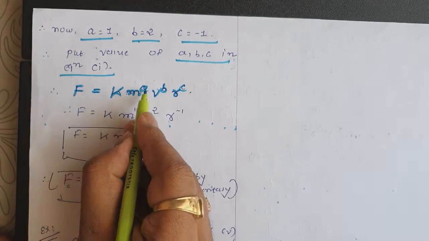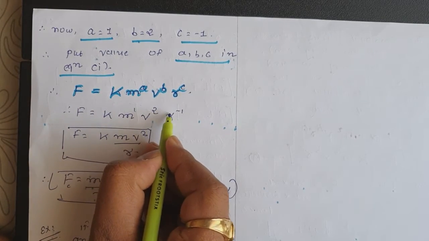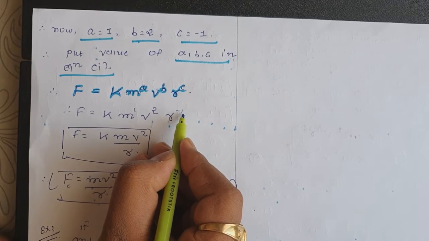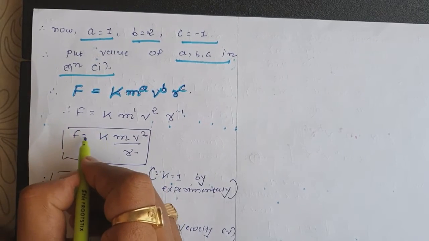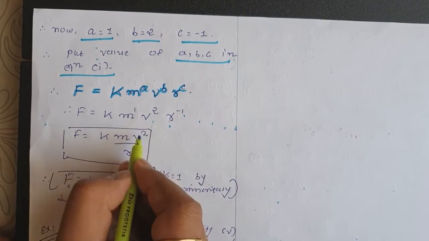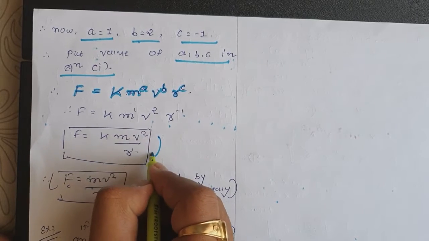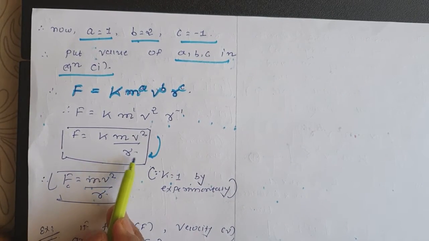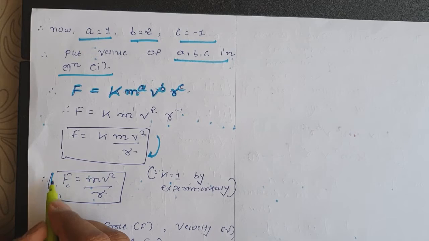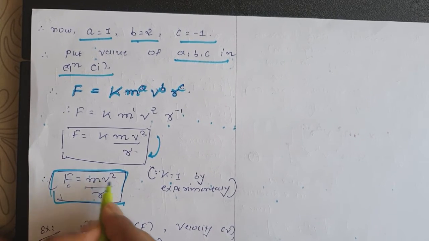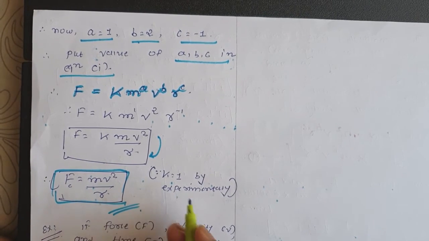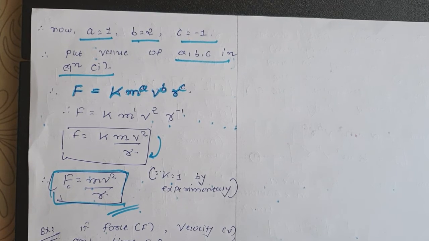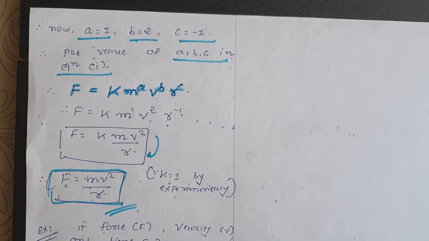The value of a is 1, b equals 2 and c equals minus 1. So we represent it as F equals k M V squared, and since minus 1 goes to the denominator, it is R. So our centripetal force equation is mv squared upon R, and k equals 1 by experiment.